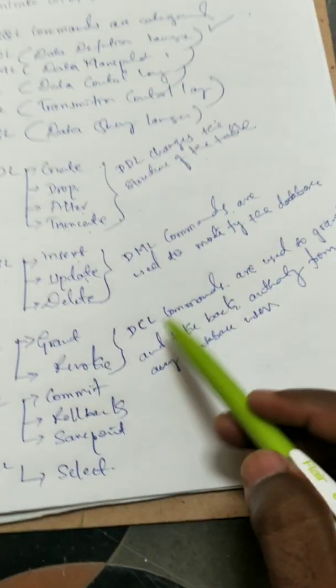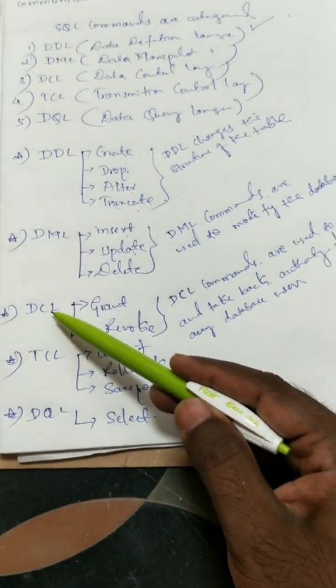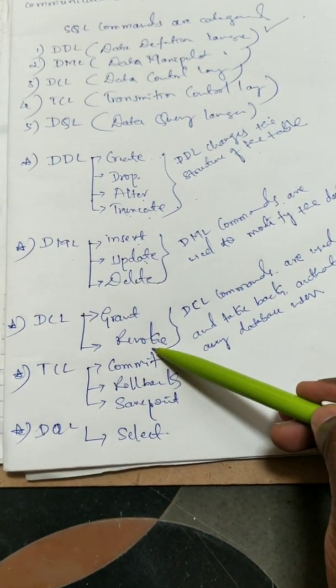In DCL we have the grant and revoke commands.